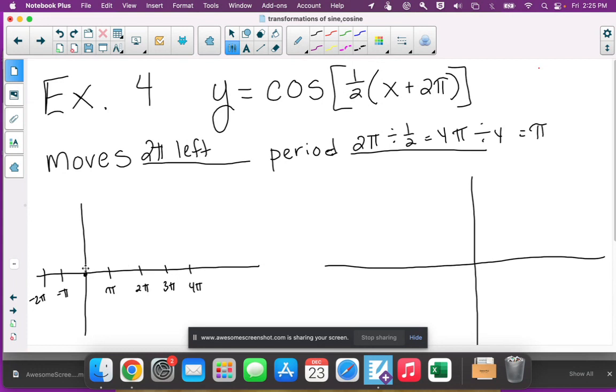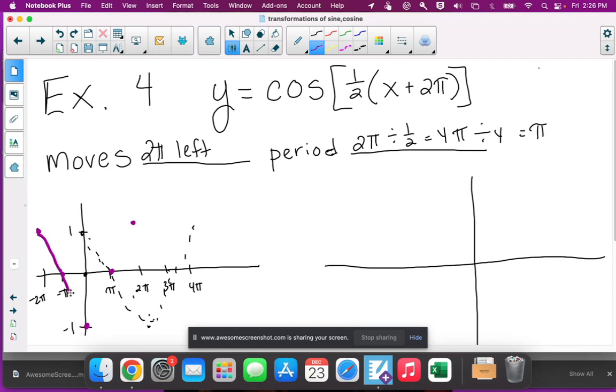So if I graphed it only from the positives, the normal would have gone here, here, here, here, here. That would have been our normal function if we just changed the period. Okay, so everything has to get shifted 2 places to the left. So our new function is here.